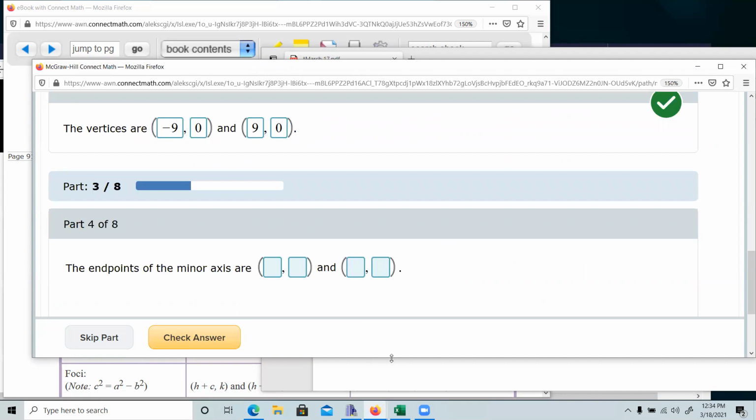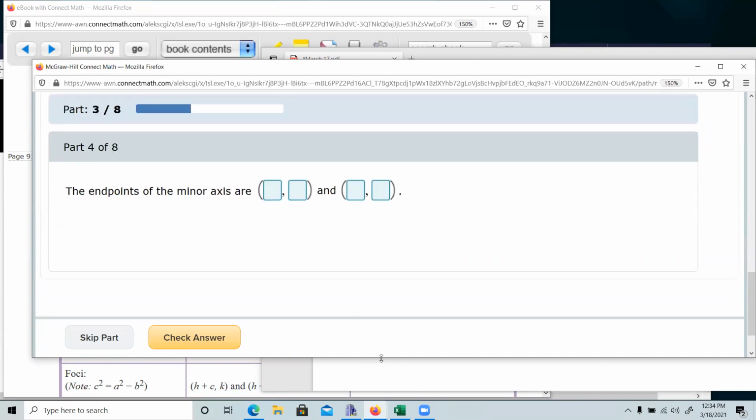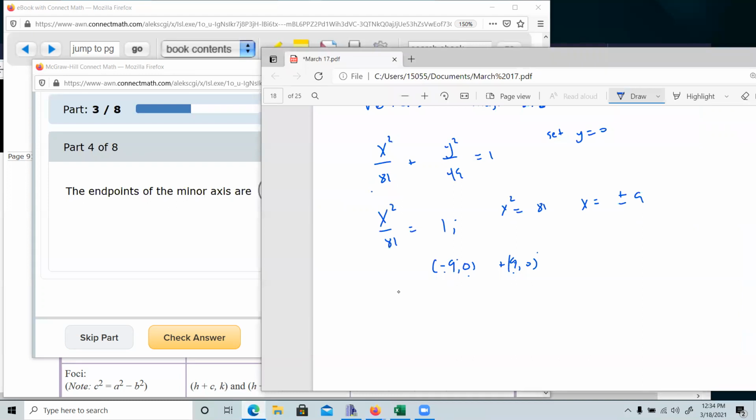So that's very good. The minor axis, the other one. We set y equal to 0 before; now we're going to set x equal to 0. See, we take turns. So we get 0 over 81 plus y squared over 49 is equal to 1. Y squared is equal to 49.